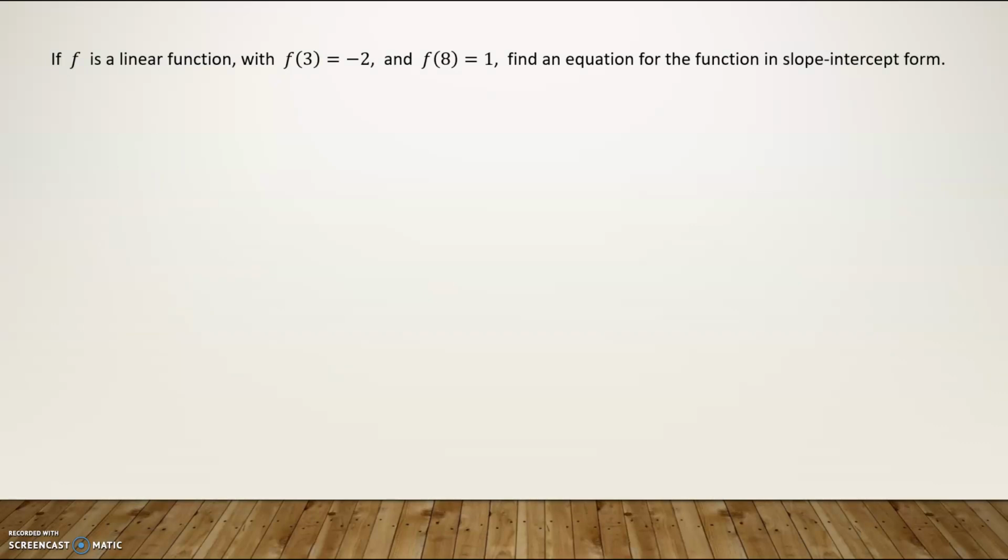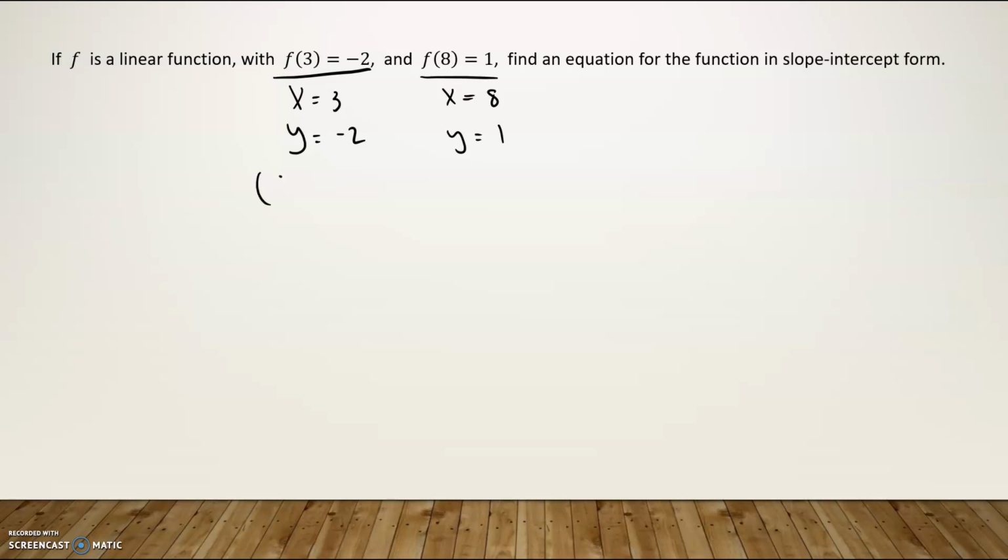Okay, if f is a linear function with f of 3 is equal to negative 2 and f of 8 is equal to 1, find an equation for the function in slope-intercept form. Okay, well, this right here is saying that x is 3, y is negative 2. This is saying that x is 8 and y is 1. So we need to find an equation.